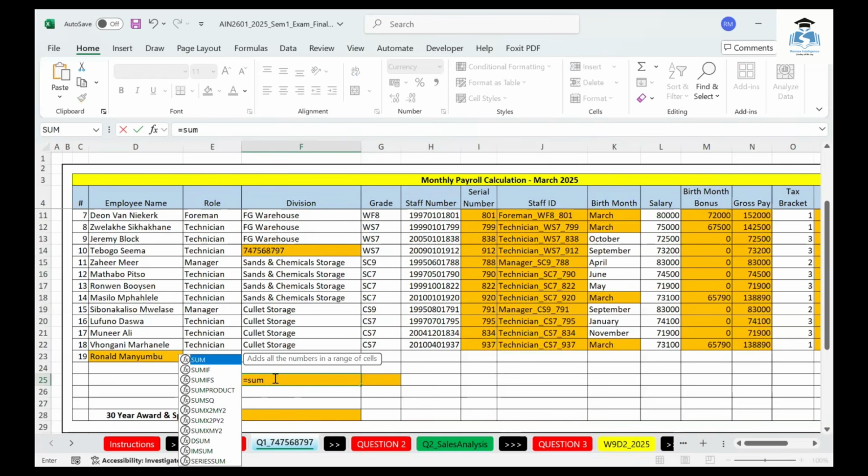Is it count if? No, we want the total, not the number of technicians but the gross pay for the technicians only.